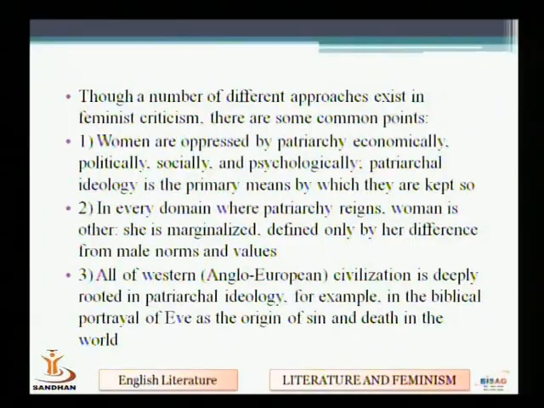She is never considered to be human. She is always considered to be either goddess or a kind of female devil. So what patriarchy basically does is that it refuses to accept the idea that women are human. So that is what patriarchy basically means.